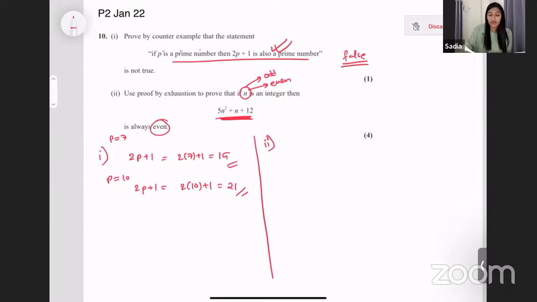And we know that any even value has to be a multiple of 2, right? So assuming that n is even, n can be expressed as 2k. Anything that is a multiple of 2 is an even number.